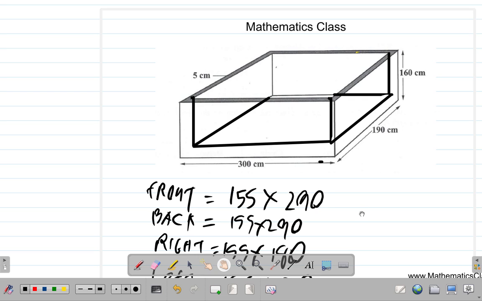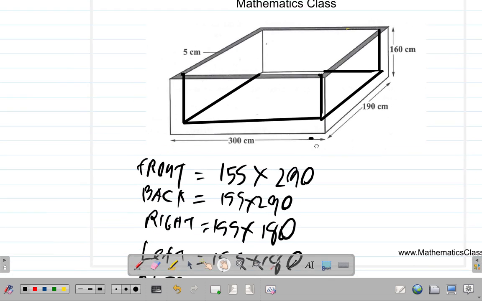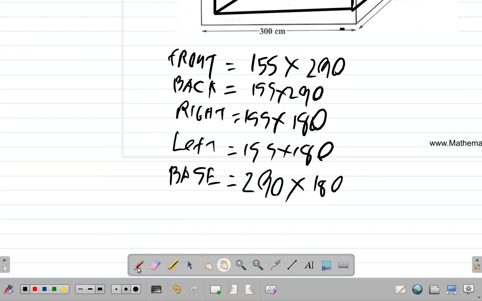At 190 minus 10, it comes down to 180 by 180. That's the surface. So the total surface of that. Alright? So here now, the surface of each, that'll be what?